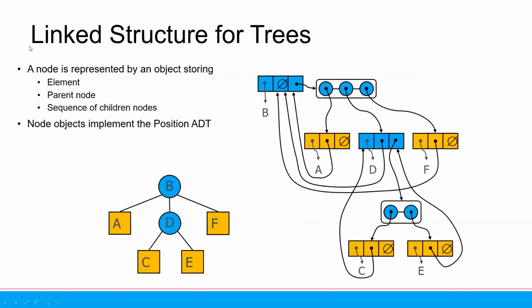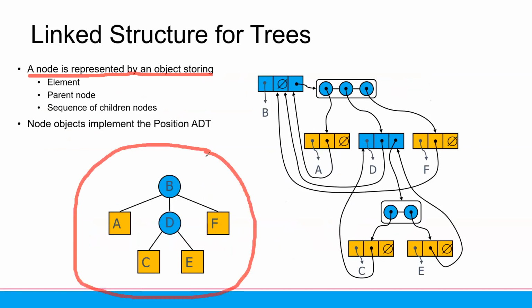We can use the kind of linked list. If you still remember the linked list, we have one node that can be connected to another node. So we can have a node that is representing an object. So let's say I have this tree. So this is a tree, not a binary tree, because we can have more than 2.